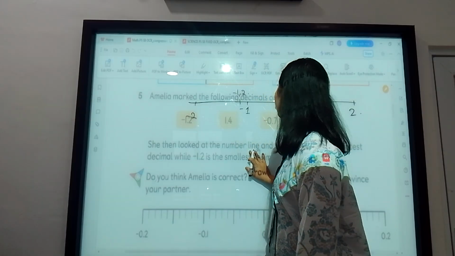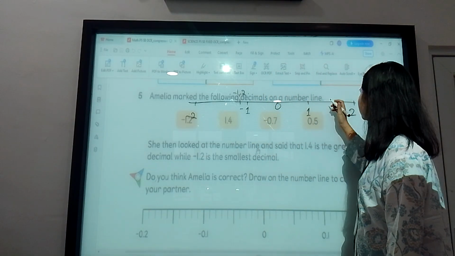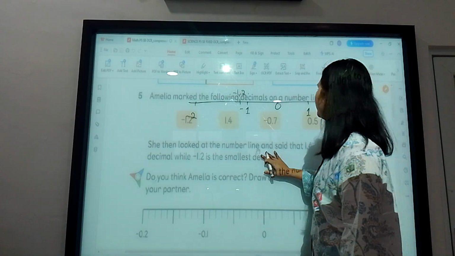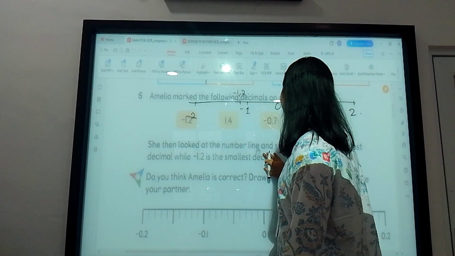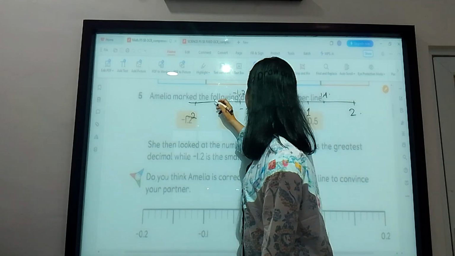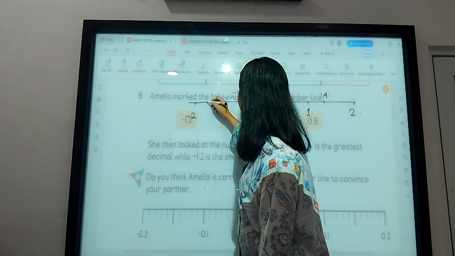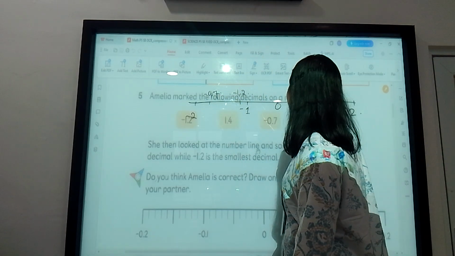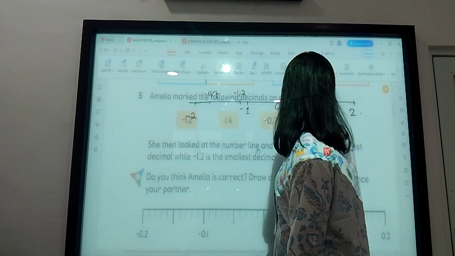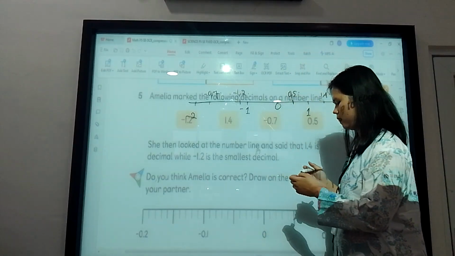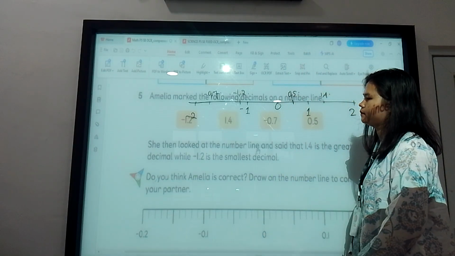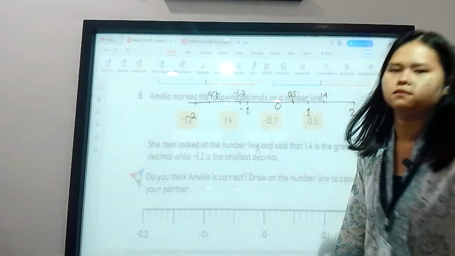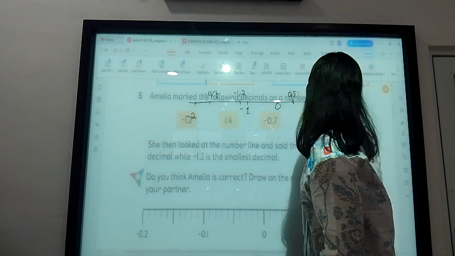After that, 1.4 is here, and then -0.7 is here, and 0.5 is here. Okay, Miss. Okay, now maybe we can move to the summary point.